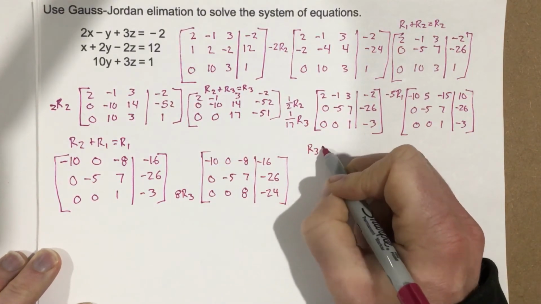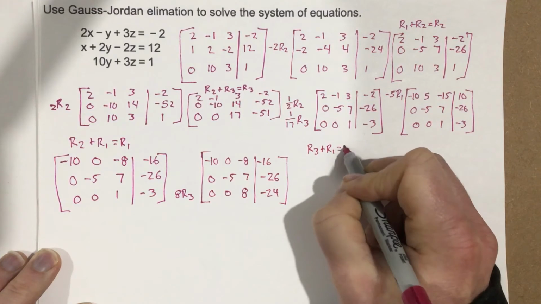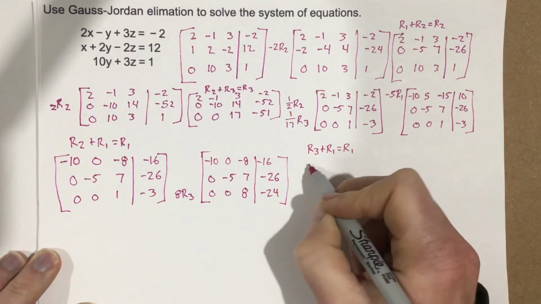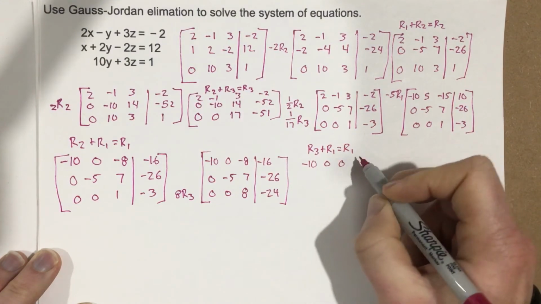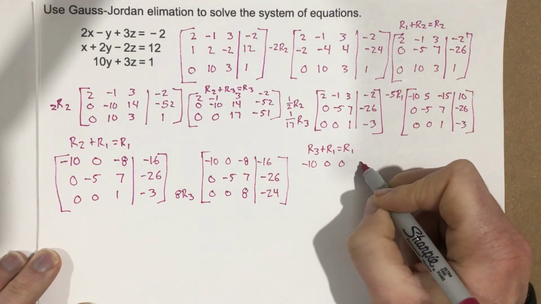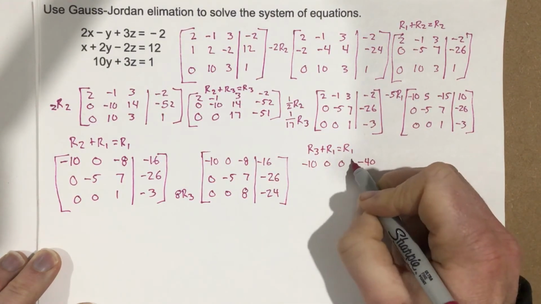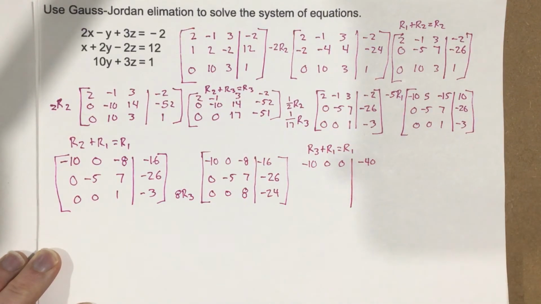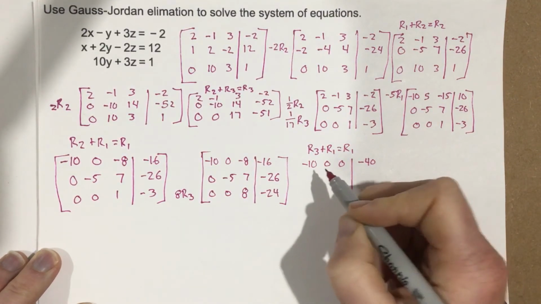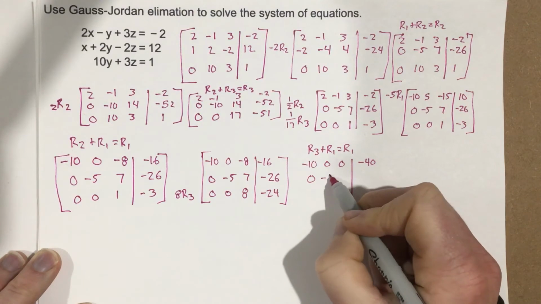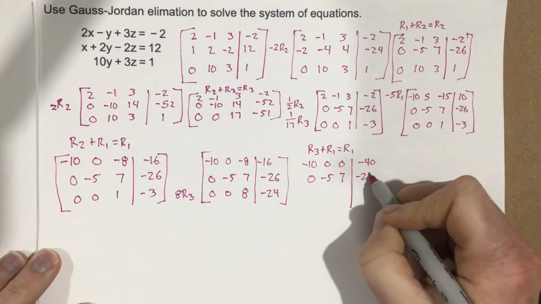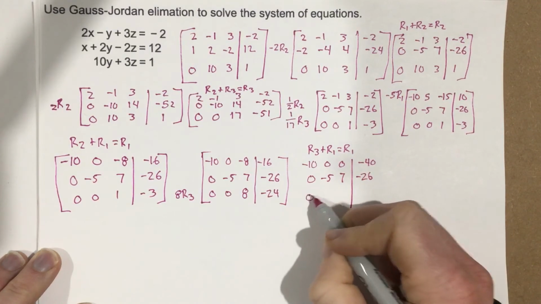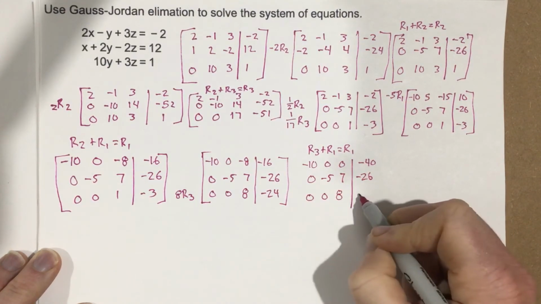Row 3 is going to be added with row 1 to equal row 1. And when we do that, we get negative 10, 0, 0. When you add those, you end up with negative 40 there. And we still have 0, negative 5, 7, negative 26, and 0, 0, 8, negative 24.